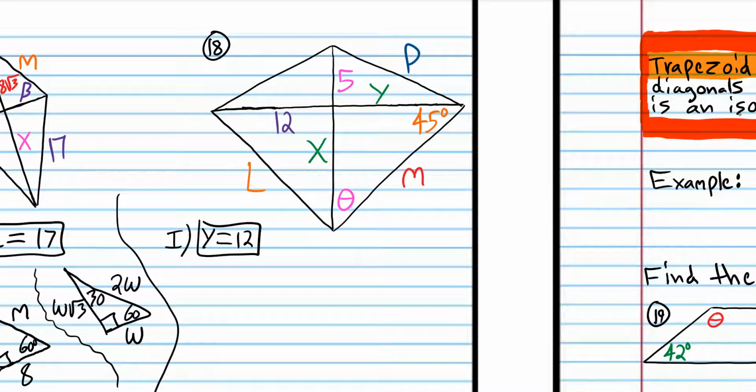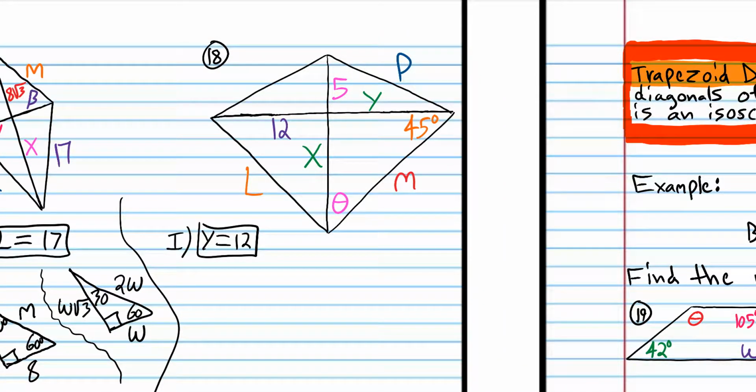Now, let's see, what can we do here? So I'm going to pull out the bottom right triangle, which is an isosceles triangle. Both angles are 45. And the reason I know this theta is 45 is because I use the triangle sum theorem. Again, the diagonals are perpendicular.